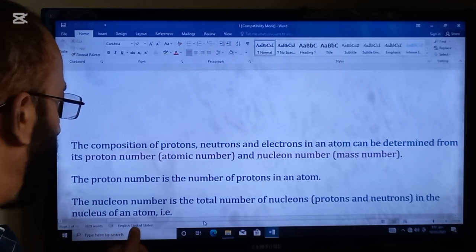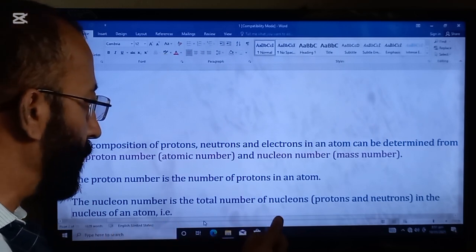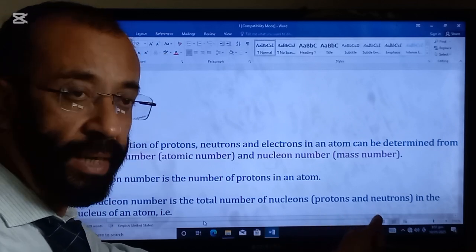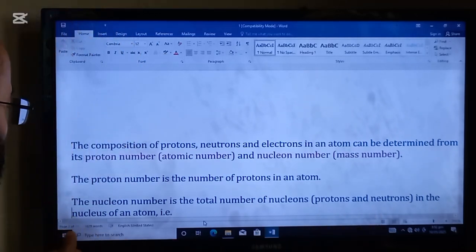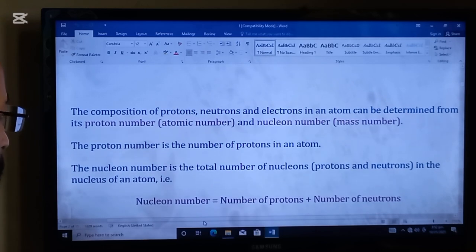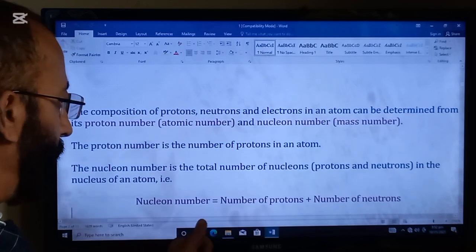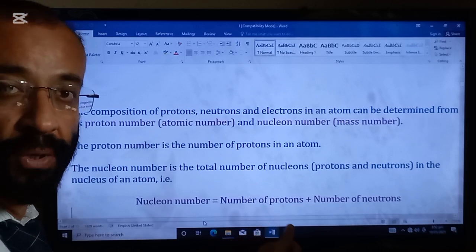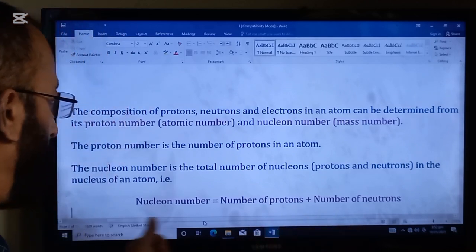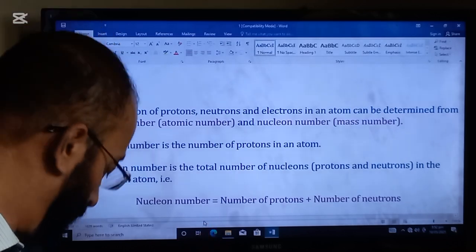The nucleon number is the total number of the nucleons, that is, the sum of the protons and neutrons in the nucleus of an atom. That is, nucleon number is equal to number of protons plus number of neutrons. This is the formula of the nucleon number.